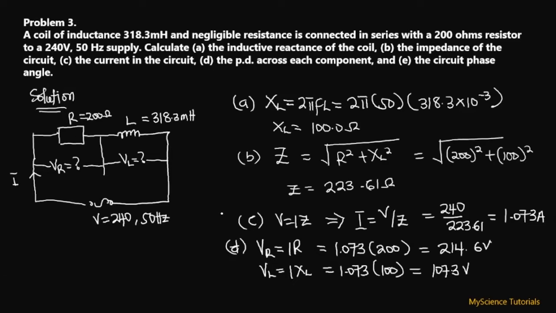All right, let's proceed to find the last aspect of this question, E, which is telling us to find the phase angle. For the phase angle, we know tan of the phase angle is equal to VL over VR. We just found these two, so this is equal to the tan inverse of VL, which is 107.3, over VR, which is 214.6.